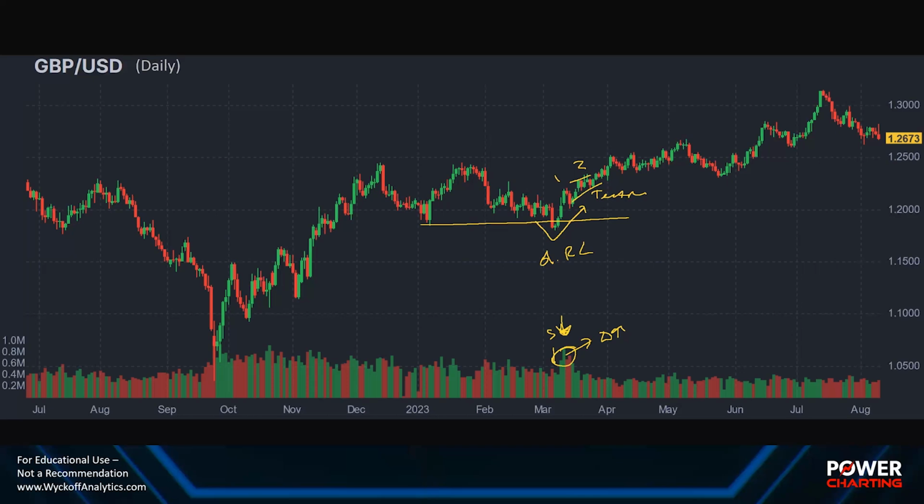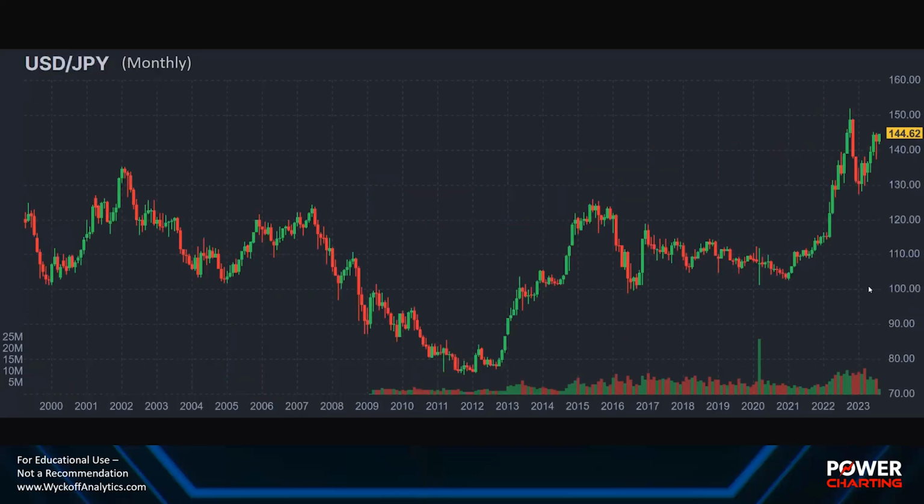All right, let's go to another pair, and this is US dollar against Japanese yen, monthly chart. Wow, Bruce, what a structure. What do you think about it? Yeah, this is fascinating because in the 2015 to 2018 period, you see all of this volatility coming out of this pair.